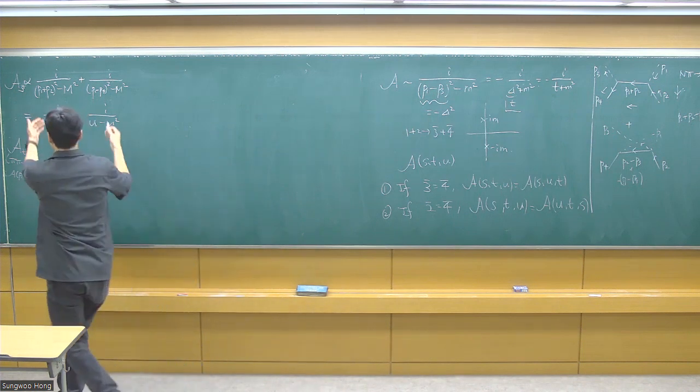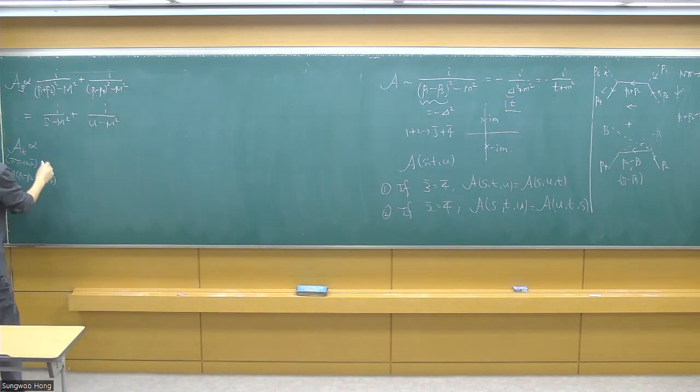So let me just do that replacement. That means the previous P2, I have to make it minus P2. Previous P4, I have to make it minus P4. Yes, the sign of P3 will be changed too. P3 also has to be flipped backwards, meaning I have to make it plus P3. I didn't say that because P3 doesn't appear here, but you're right.